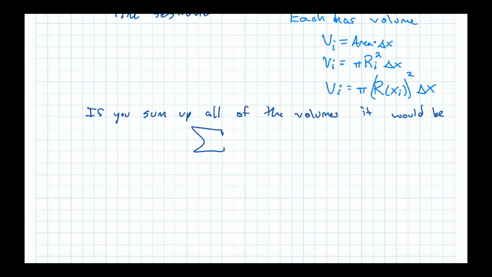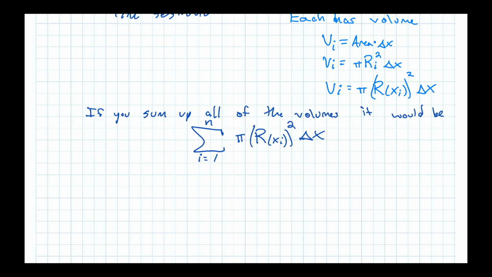Remember this? Summation, and we would just add up all of these: pi, all of the radii, and then times delta x. So this right here is your area, and then that's your height for the cylinder. And you would have to do that for however many slices you made. Okay?